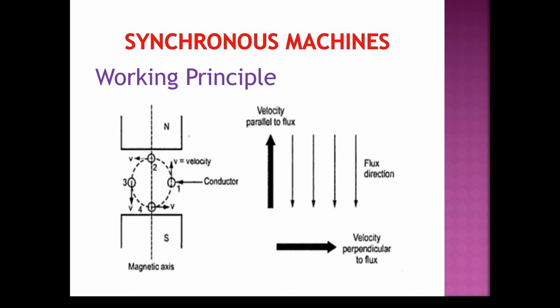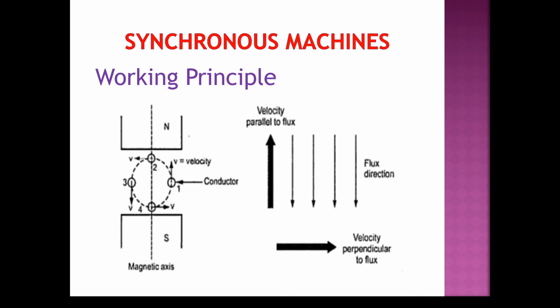When the conductor moves from position 1 to 2, some part of the velocity component becomes perpendicular to the flux lines, and proportional to that, EMF gets induced in the conductor. The magnitude of the induced EMF will increase as the conductor moves from position 1 to 2.